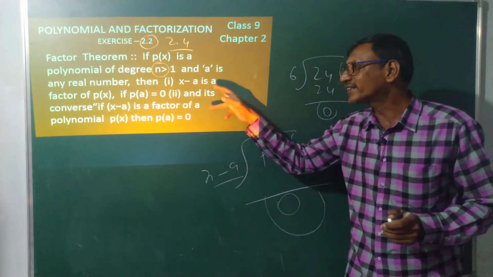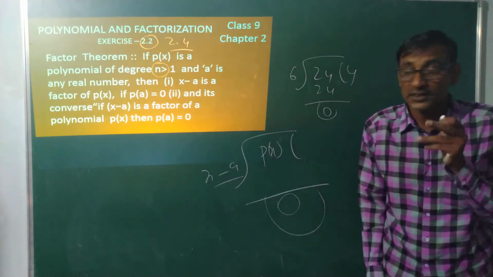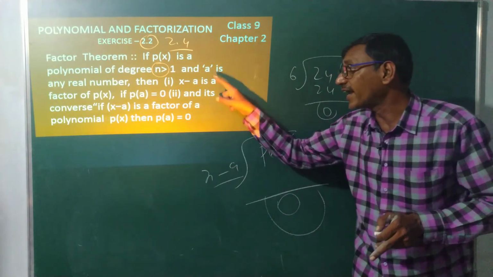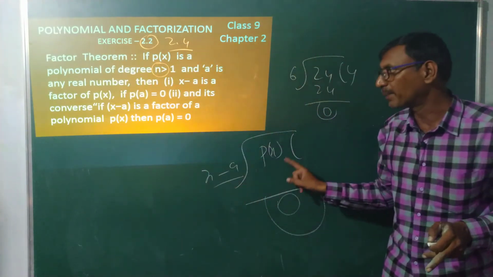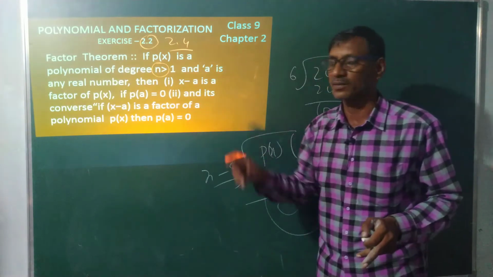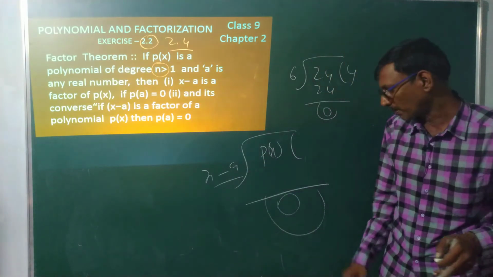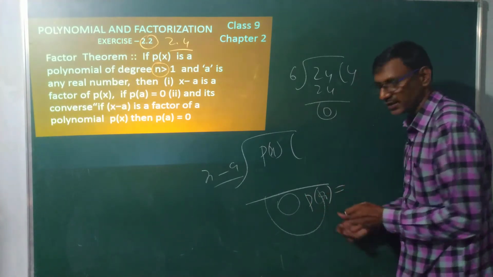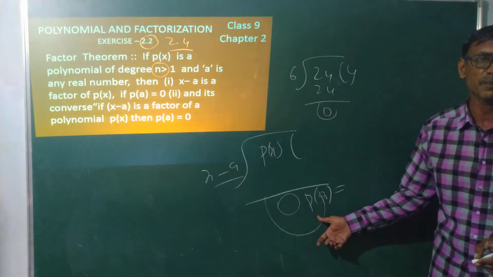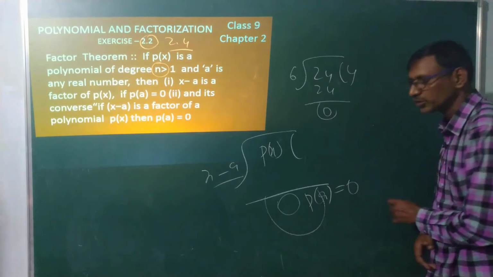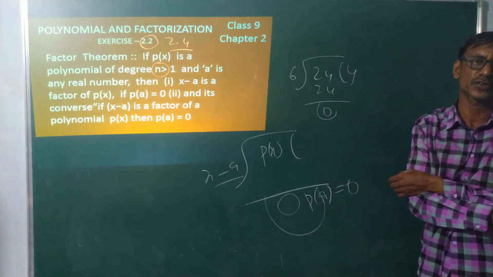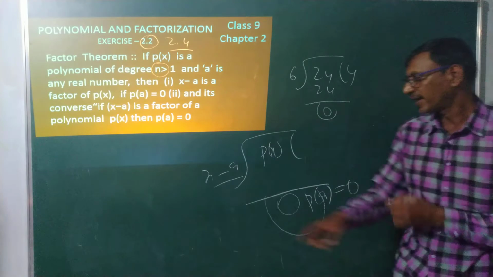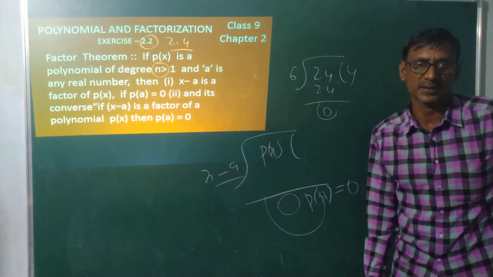Then x minus a is a factor of p of x if p of a is equal to 0. This is p of a. In the remainder theorem we get p of a. If p of a is equal to 0, then x minus a is a factor of p of x.